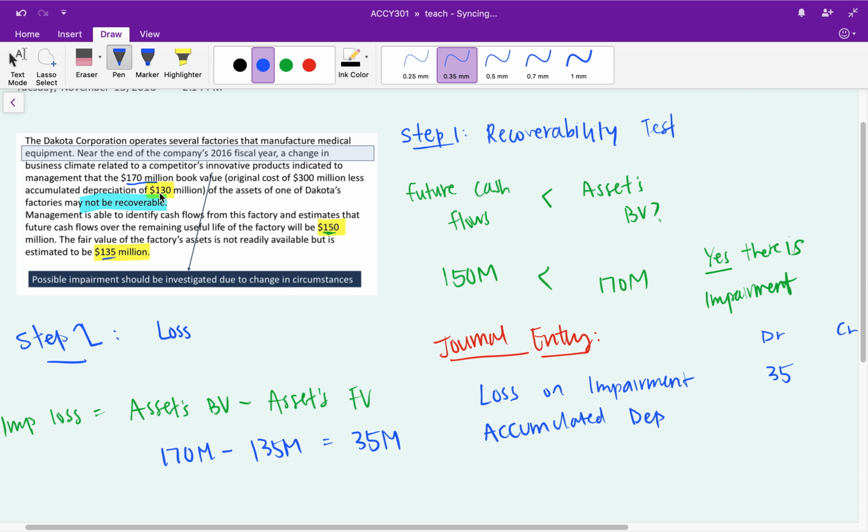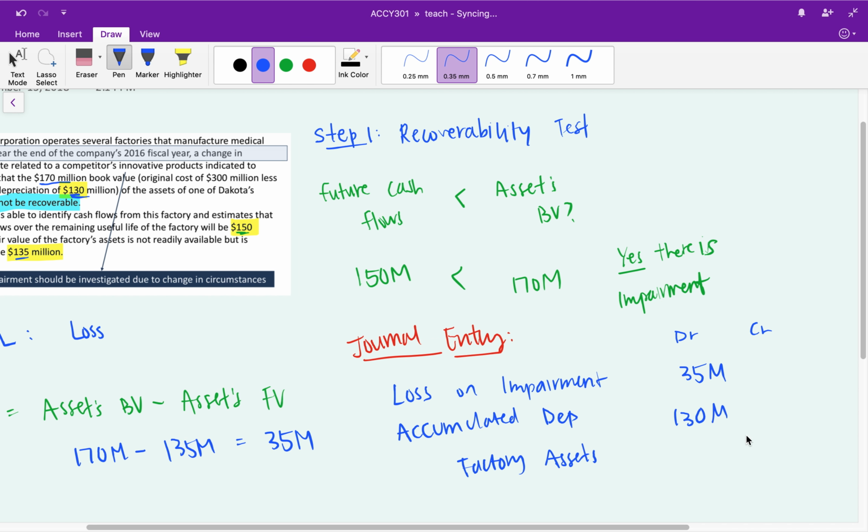That's given here as 130 million, in millions. And then on the credit side, we would be taking away our factory assets. The credit is these two together, which is 165 million.